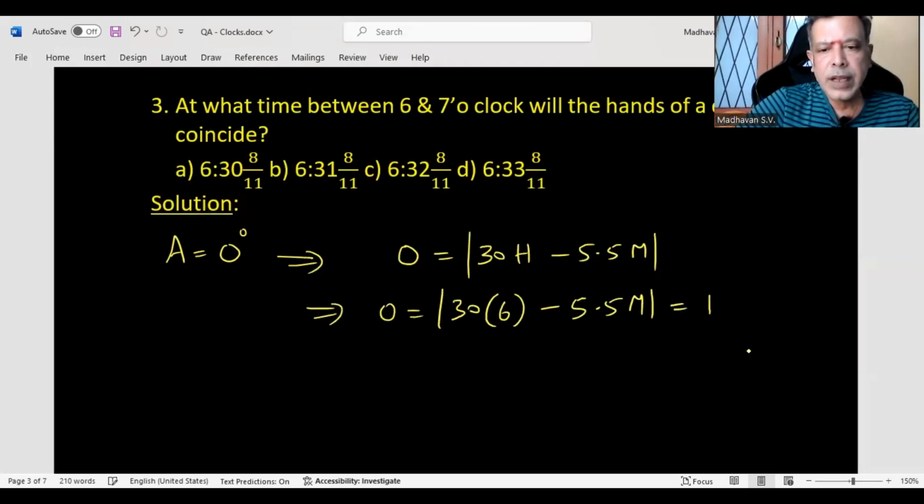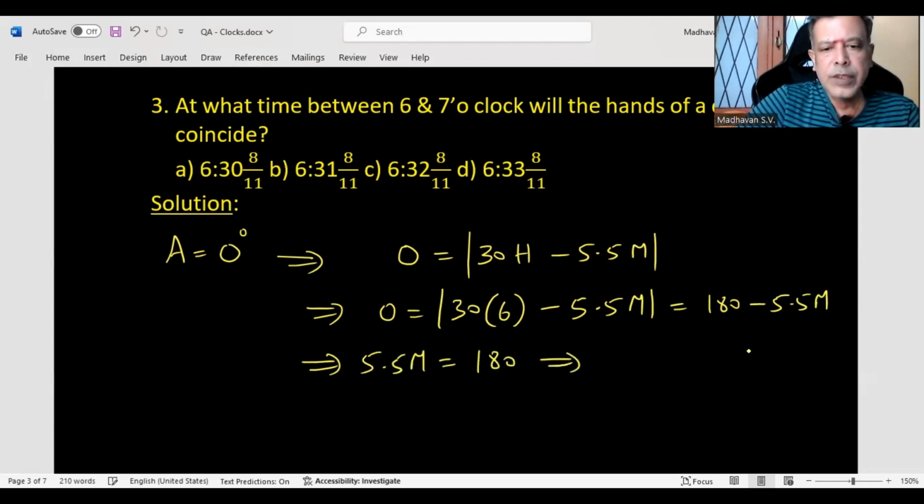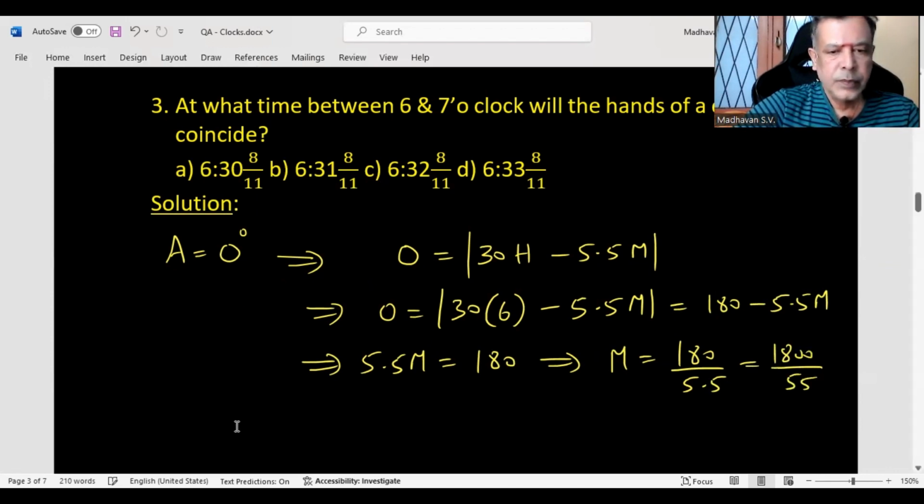So this we can rewrite as 180 minus 5.5 times M, or 5.5 times M can be equated to 180, which means our M is 180 by 5.5. We can multiply both numerator and denominator by 10 to get 1800 by 55.